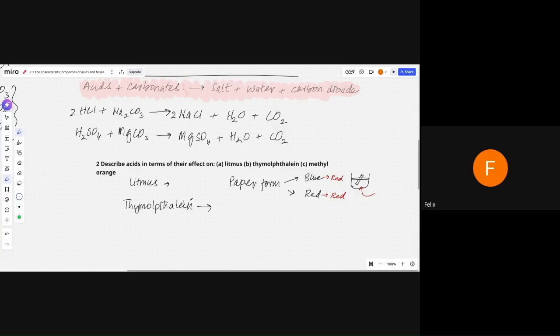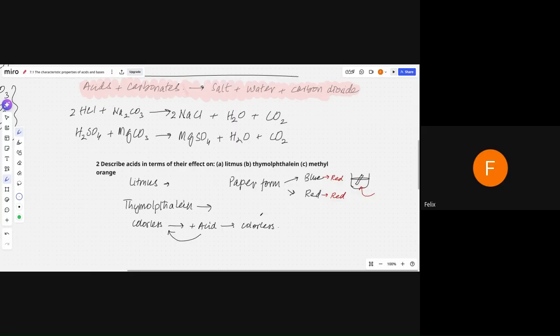And when an acid is added, thymolphthalein will stay colorless, right? So it is colorless, and when acid is added, if you add acid, it will remain colorless. It will not change its color, right? So that will be the effect of acid on thymolphthalein indicator. It will not change its color.